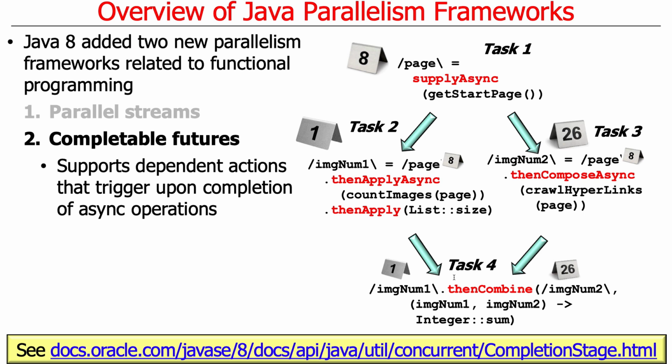So this particular example is actually very similar to your image crawler, where we get some start page asynchronously, and then once we've got the start page from a URL, one task in parallel goes off and counts the number of images on that page, and the other task in parallel goes off and recursively crawls all the links on that page that are reachable from that page and counts the number of images on those links that are reachable.